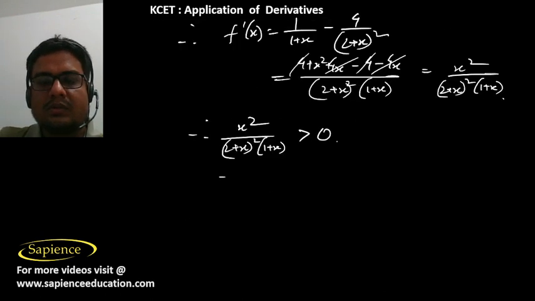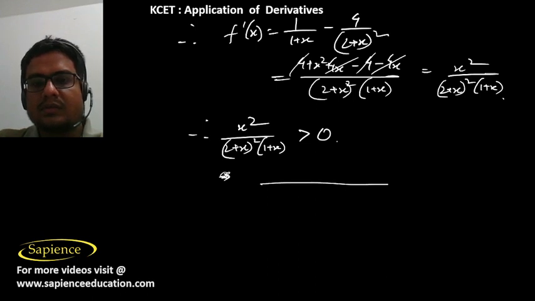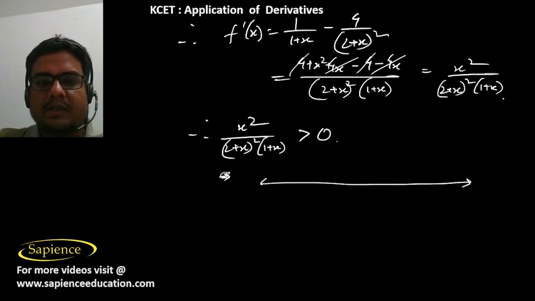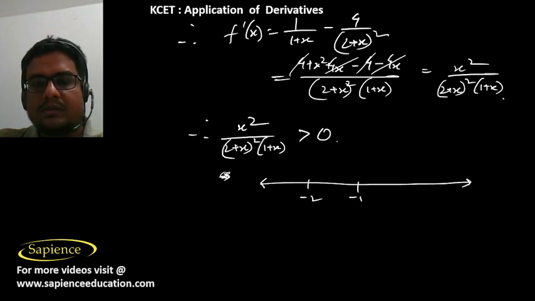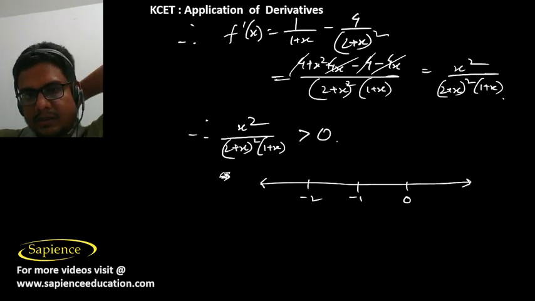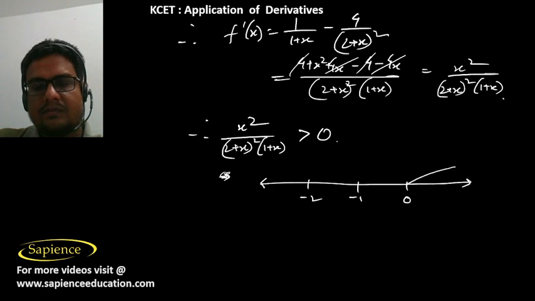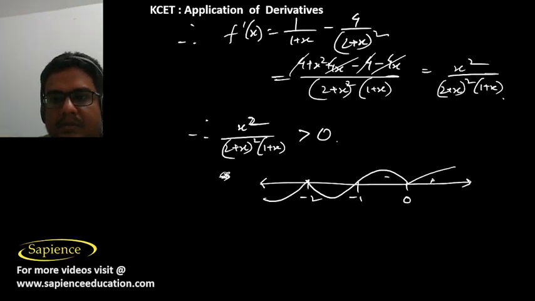Greater than 0 means that solve by using the curve method. x is equal to minus 1 will be here, 0 or something that is greater than 0. Here the exponent is even, therefore the same sign will be there, sign will change, sign same. This is plus, minus, minus.